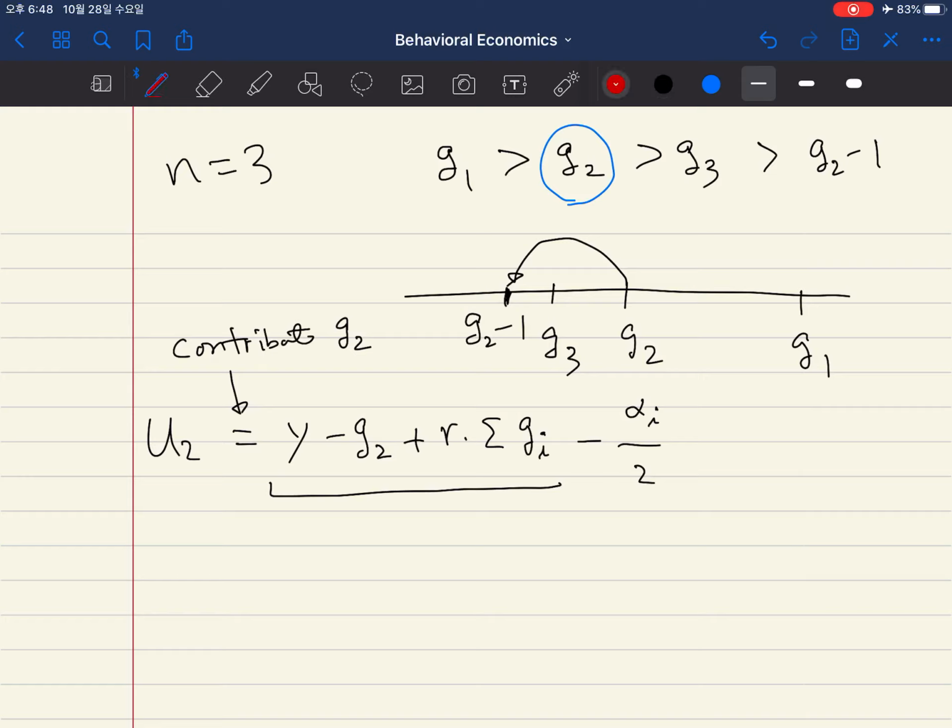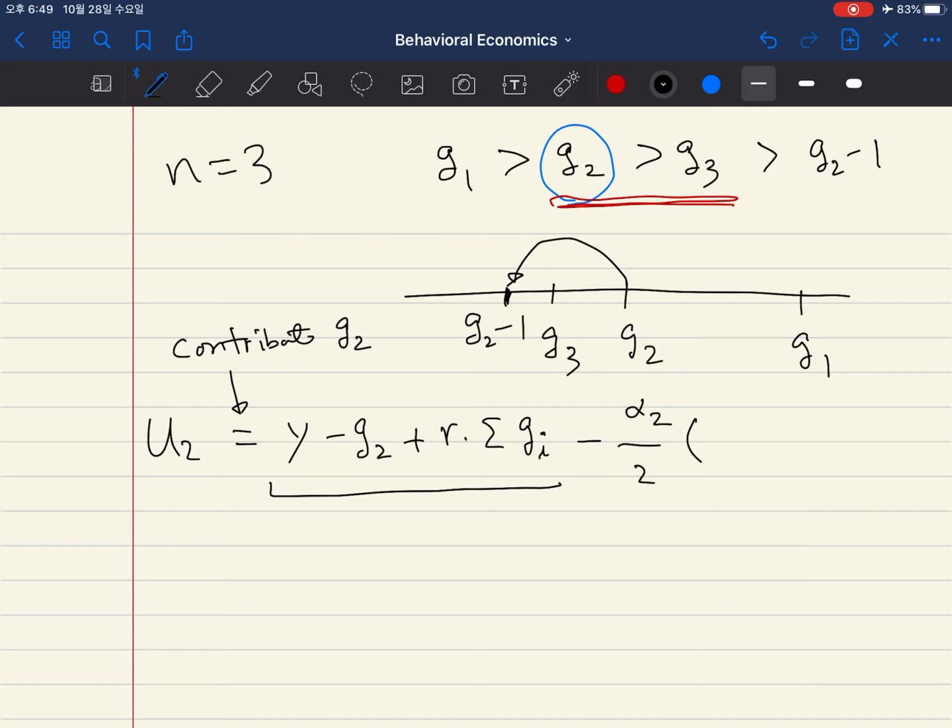As we can see, the second individual is going to feel envy for the third individual, because the second individual is contributing more than the third individual. So here, not just alpha i, but alpha 2, the second individual's alpha.